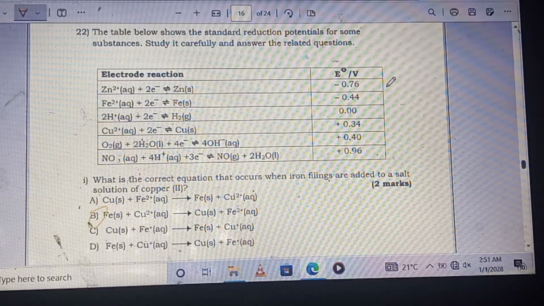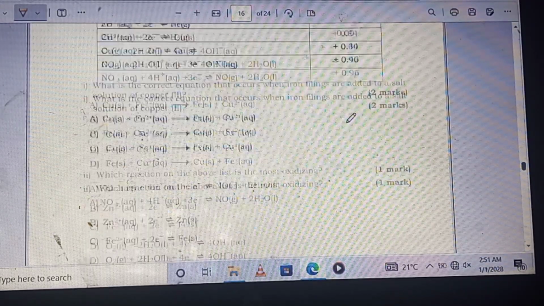For example, this nitrate ion has a higher electrode value, which is why we see it as the most oxidizing agent. And you also see this zinc has a lower value, which is why it is the most reducing agent.